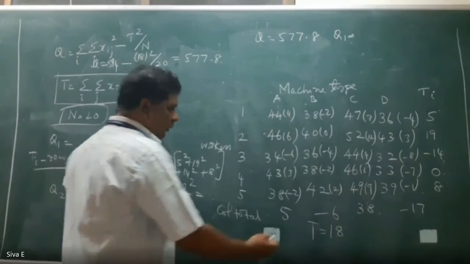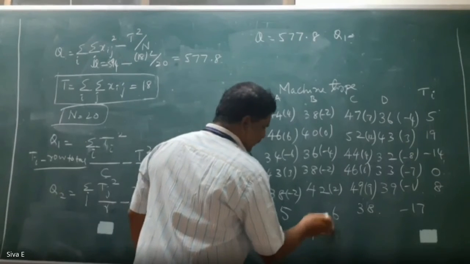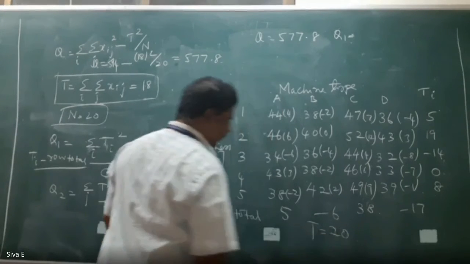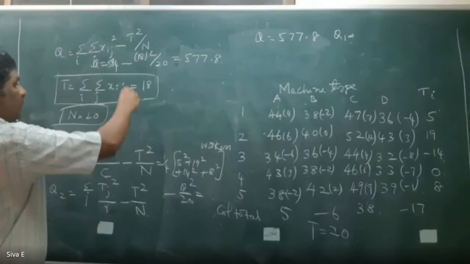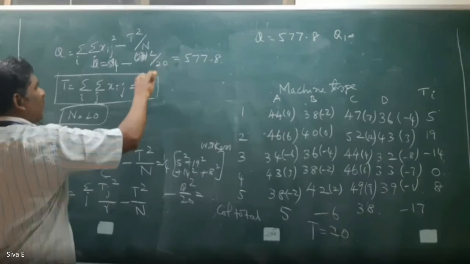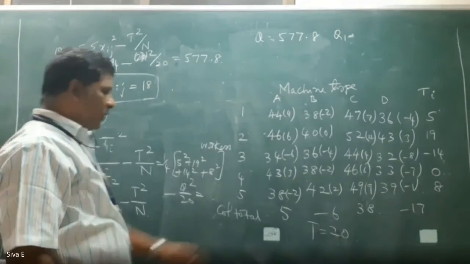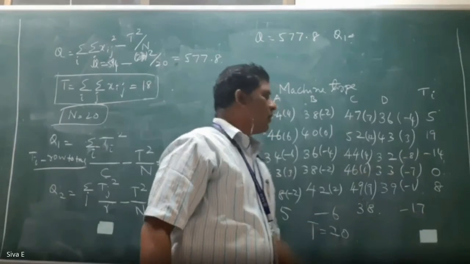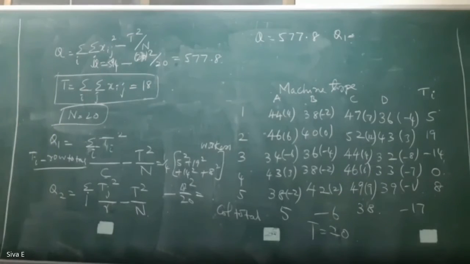So T equal to 20. So it will vary here: 20 squared by 20. We have to verify whether the column total equals the row total. If the column total is not equal to the row total, your calculation is wrong somewhere, so we have to verify once again.